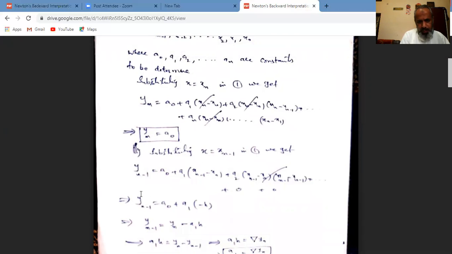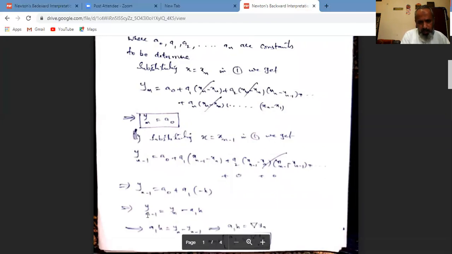So we get yn minus 1 equal to a0 plus a1 into (xn minus 1 minus xn). This difference is minus h, since xn minus xn minus 1 is h. So yn minus 1 is equal to yn minus a1h.